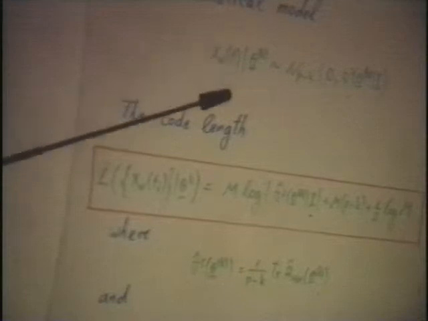If you take this probability distribution and apply the basic asymptotic results of the MDL, you get the code length for encoding the projection on the noise subspace, which is simply given by this expression.